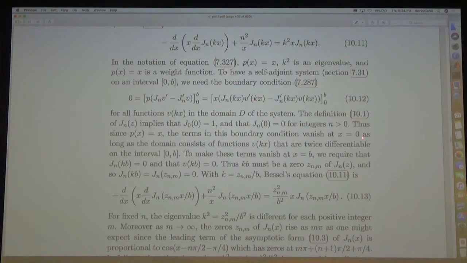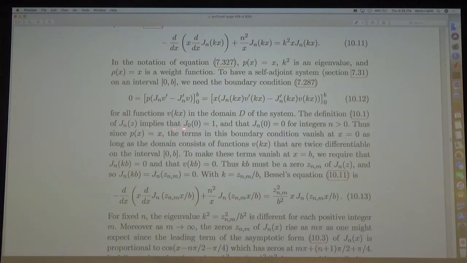In this equation, in the notation that we used when we talked about self-adjoint systems, P of x is x, k squared is an eigenvalue, rho of x is x, and we need boundary conditions. The boundary condition is that this Wronskian should vanish for all functions v in the domain.